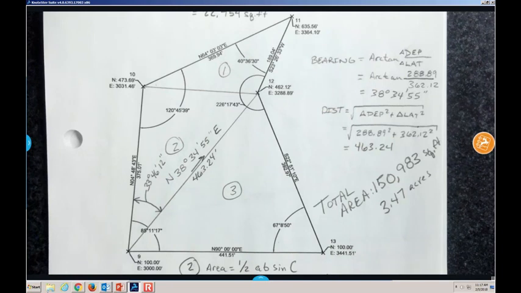This is a 5-sided figure, sorry. We're going to have 5 courses, right? Go ahead and write down the particulars, the northings and eastings.